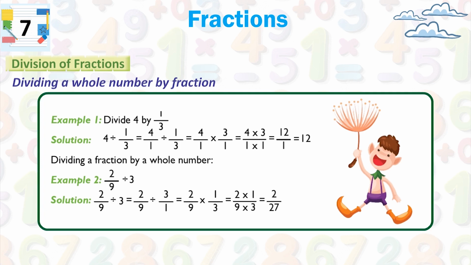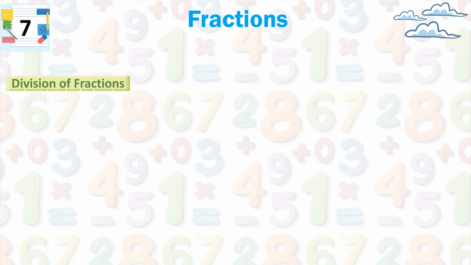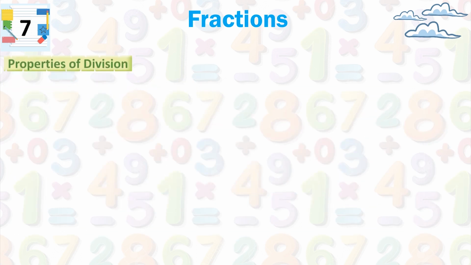Example 2. 2/9 divided by 3. Solution. 2/9 divided by 3 is equal to 2/9 divided by 3/1 is equal to 2/9 into 1/3 is equal to (2 into 1)/(9 into 3) is equal to 2/27.